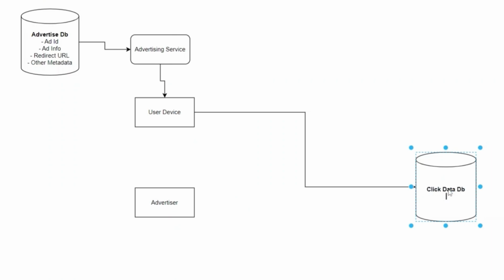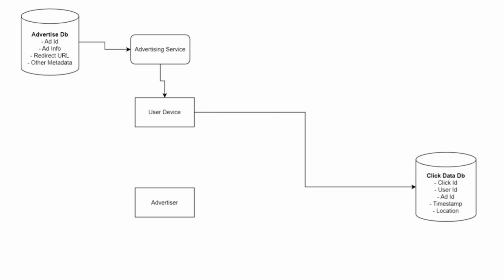Possibly a click ID, the primary ID for a particular click event. You can have a user ID, which is mandatory, for which user has clicked. You can have the ad ID, even this is mandatory to perform analysis over a particular ad. And there could be a timestamp, location information, and other metadata as well. So there could be multiple such pieces of information about the ad and the user in this click data DB.